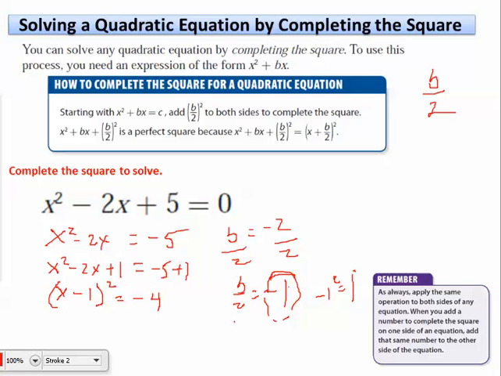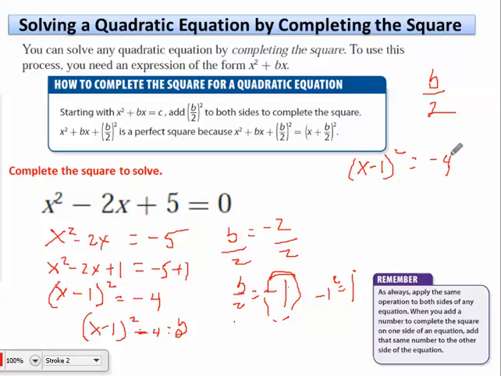Now I can write this in vertex form, and I'm going to get that x minus 1 quantity squared minus 4 equals 0, or y. That's vertex form. That was easy to do. But they were wanting me to solve this, right? So to solve this, I've got x minus 1 squared equals negative 4.